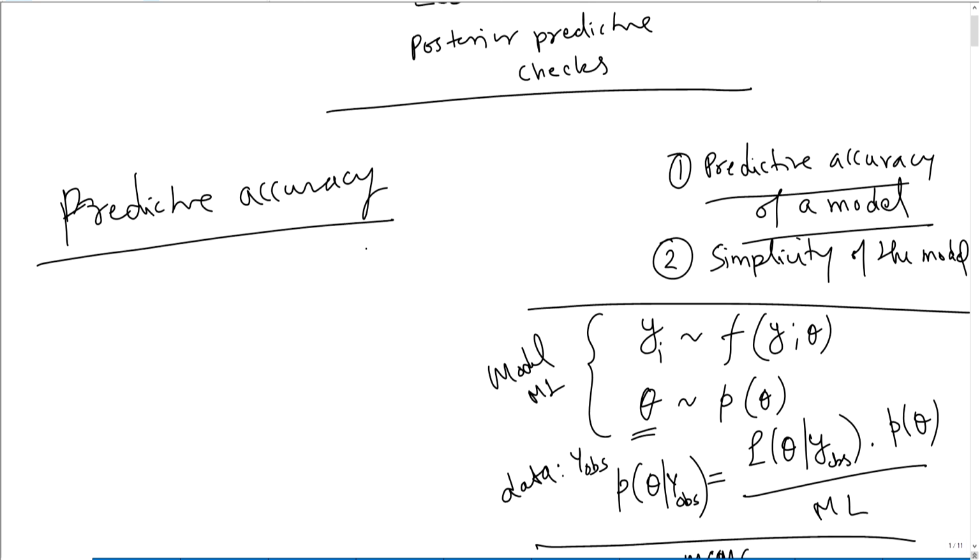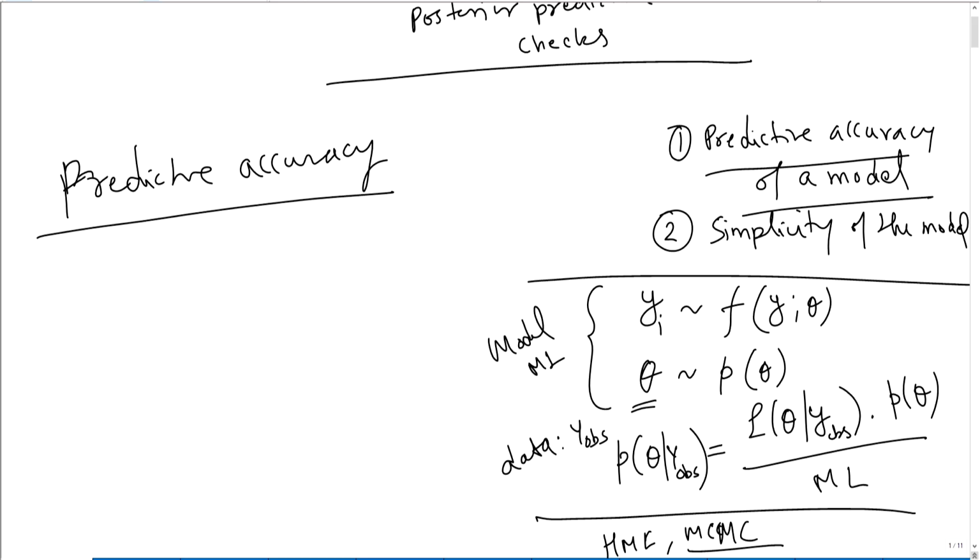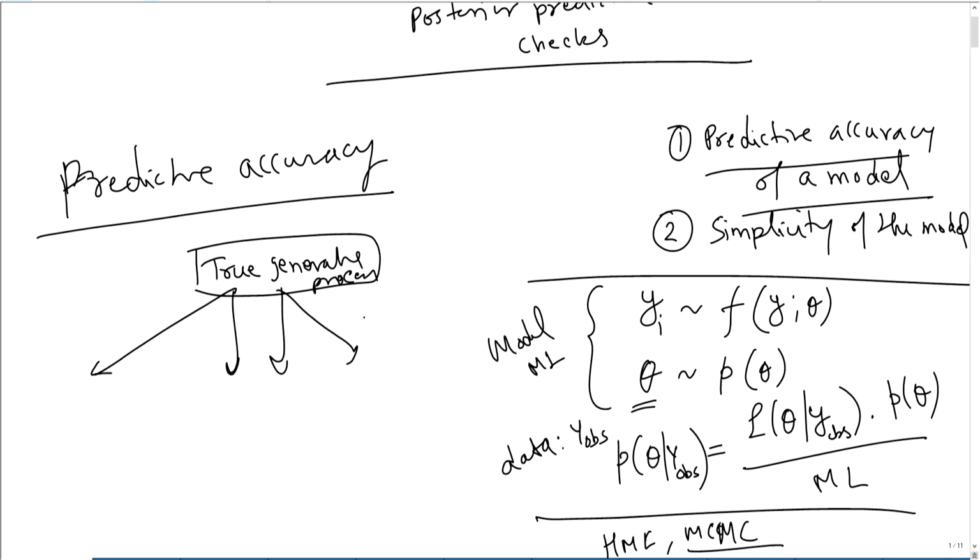Well, the idea is this, that let's say this is our true generative process. Okay, and we do repeated experiments. Let's say we do multiple experiments where outcomes are supposedly coming from the same true generative process.